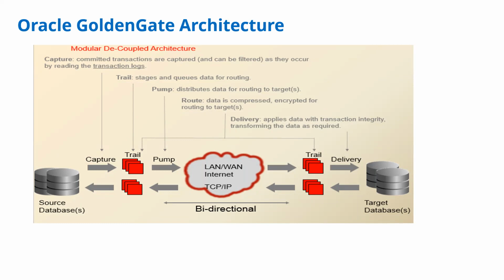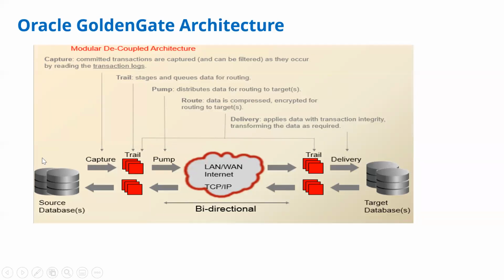It captures the data from transaction logs of the database. Transaction logs means where the changes are stored. Those transaction logs in case of Oracle database are called redo logs, or backup of redo logs, which is called archive logs.